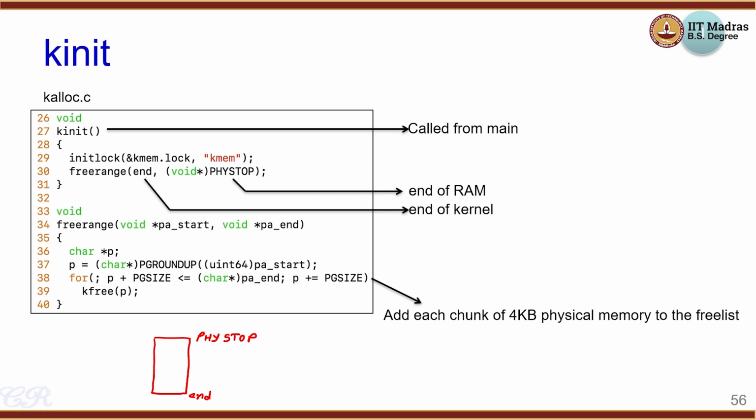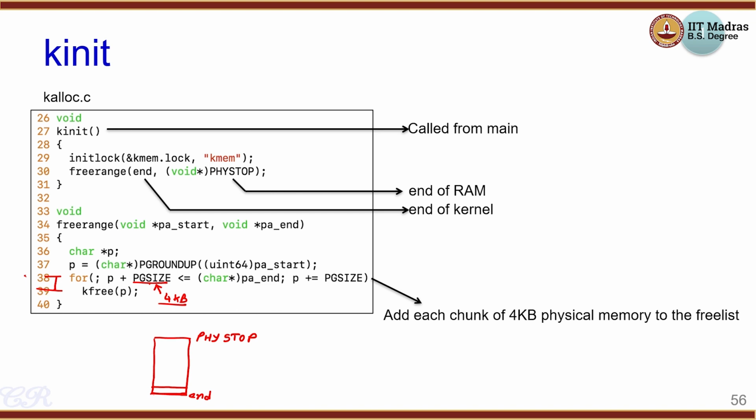So what are we doing here? In this freerange, especially in lines 38 and 39, we have a for loop which starts from this PA start, that is this location, and it takes 4 KB at a time because this PGSIZE is essentially 4 kilobytes, right?